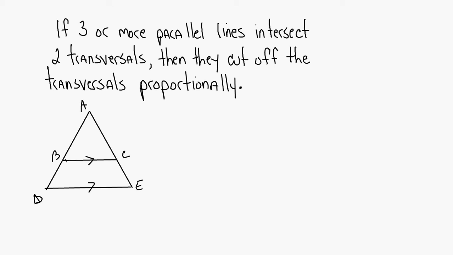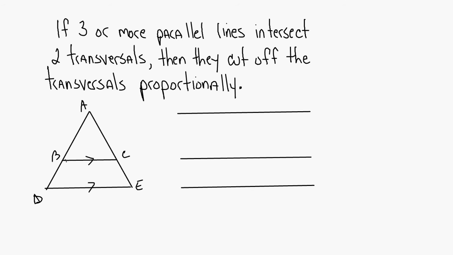Well, here, if you got 3 or more parallel lines, here's 3 parallel lines, okay? And they're parallel because we say so. They're all parallel to each other. And they intersect two transversals. This could be a transversal.